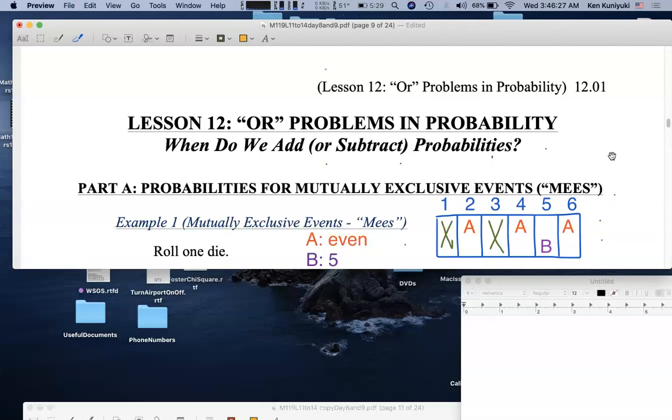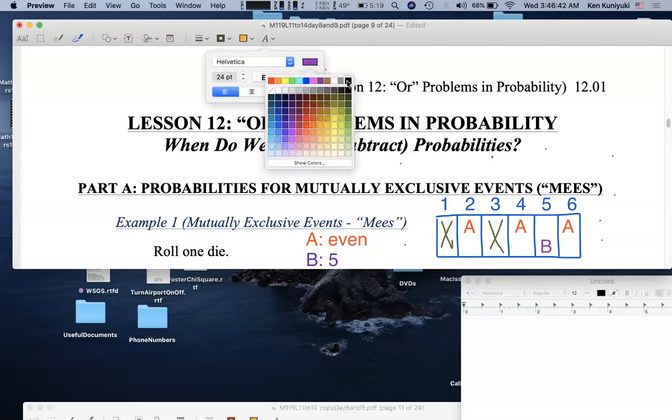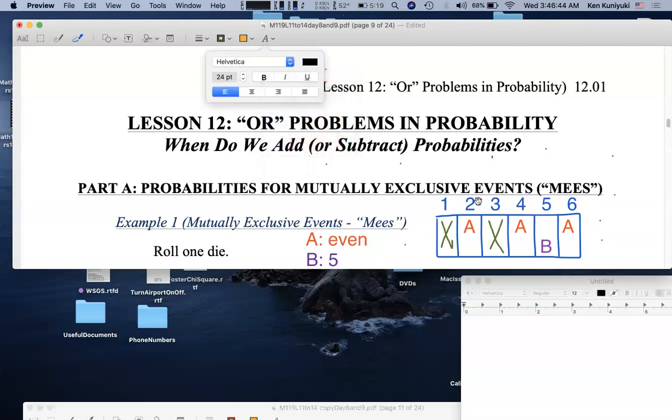Okay, so in how many of these 6 boxes, for how many of these 6 ELOs do we have a label? When do we have A or B occurring? Well, if we get a 2, then that means that event A occurs.